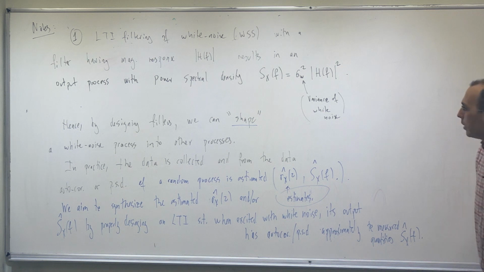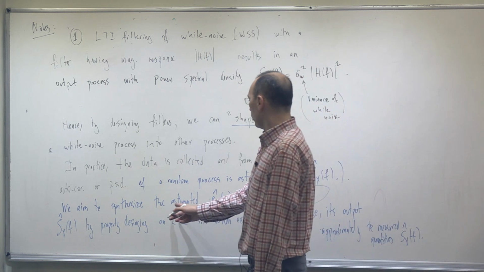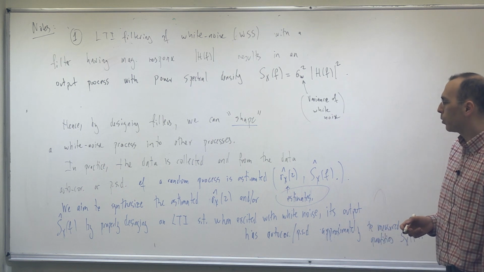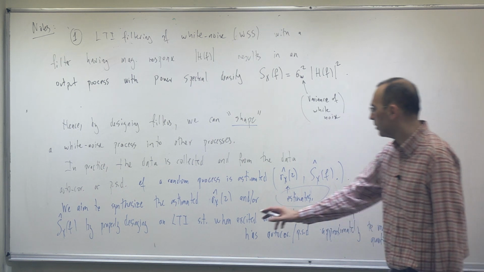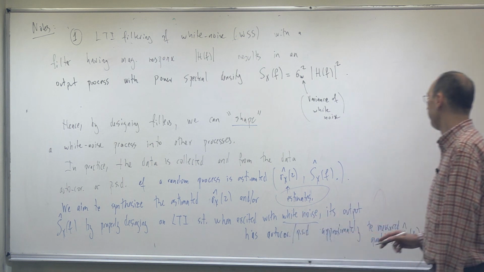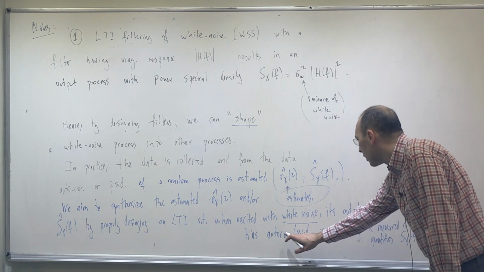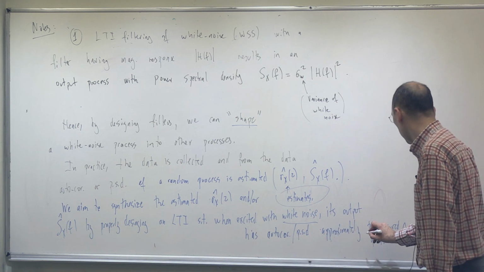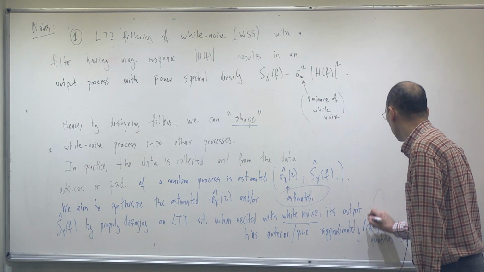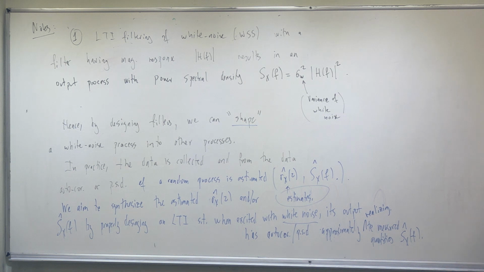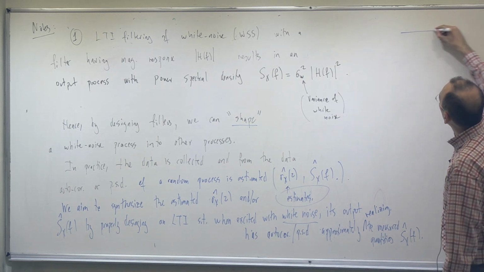We aim to synthesize the estimated autocorrelation or power spectral density by properly designing an LTI filter such that when excited with white noise, its output has autocorrelation or power spectral density approximately realizing the measured quantities.